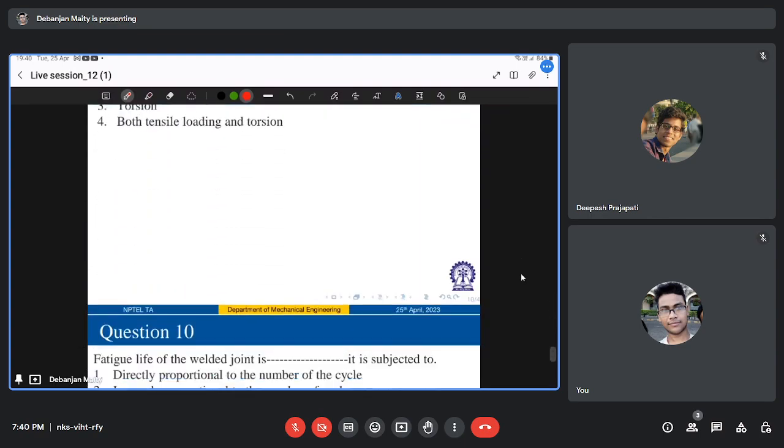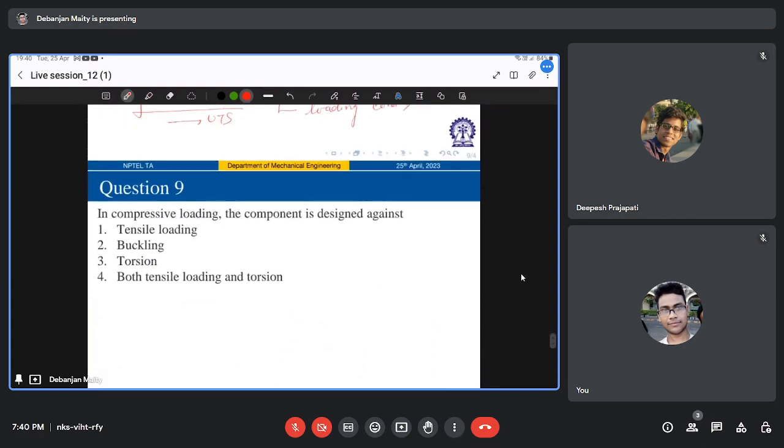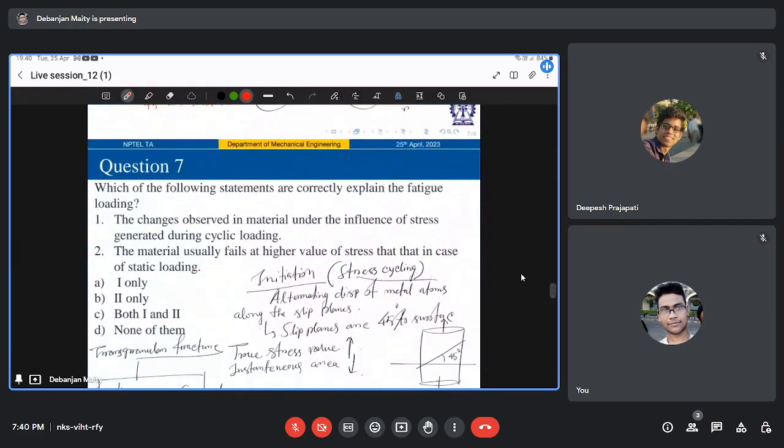Okay, coming to the question, which of the following statements correctly explain fatigue loading? Here it says the change observed in material under the influence of stress generated during cyclic loading, and the material usually fails at a higher value of stress than in case of static loading.